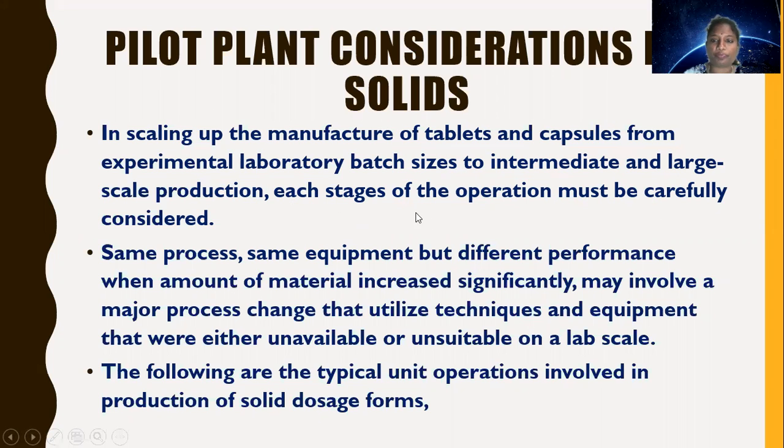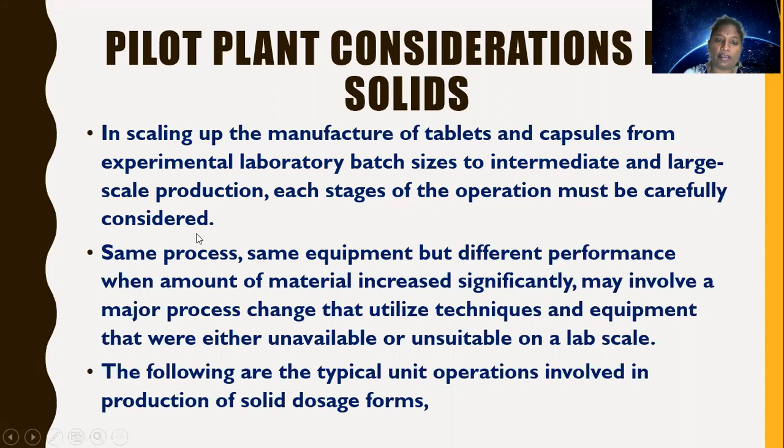That means in the pilot plant scale up process, from laboratory scale to intermediate batch scale, and intermediate batch scale to large scale production, we have to come across various stages, and in these stages the operations should be carefully handled.